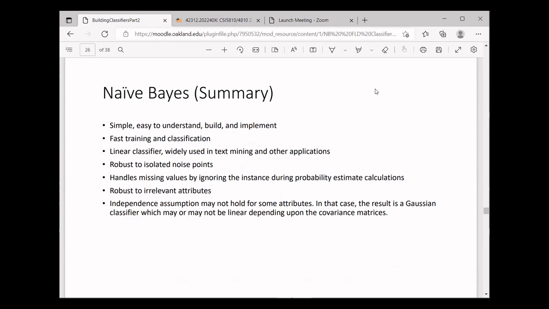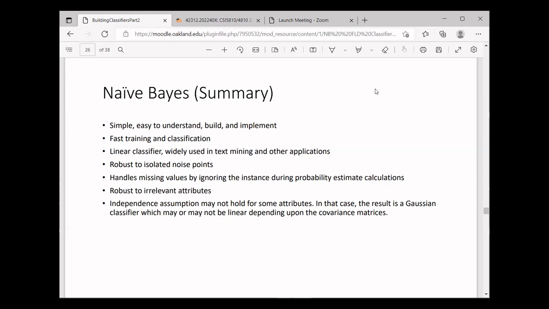These classifiers are also robust to isolated noisy points. They can handle missing features, because if a particular feature is missing, all you do is omit that particular conditional probability for all the classes and do the rest of the calculation. So it is easy to handle missing features.